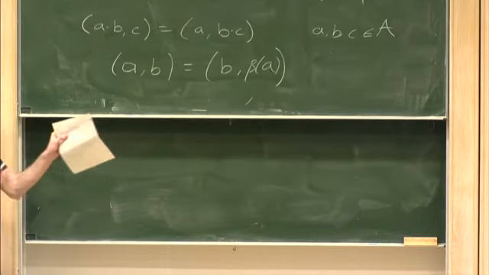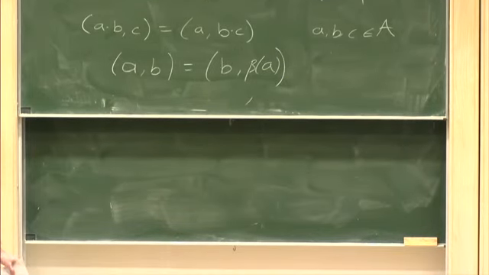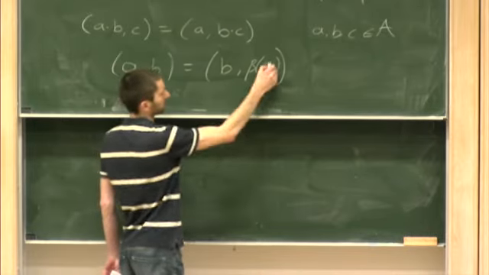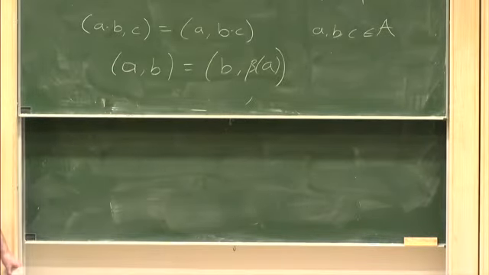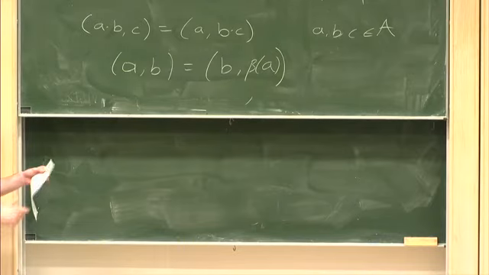So if you interchange the order of A and B, then you introduce this Nakayama automorphism here for the second term.